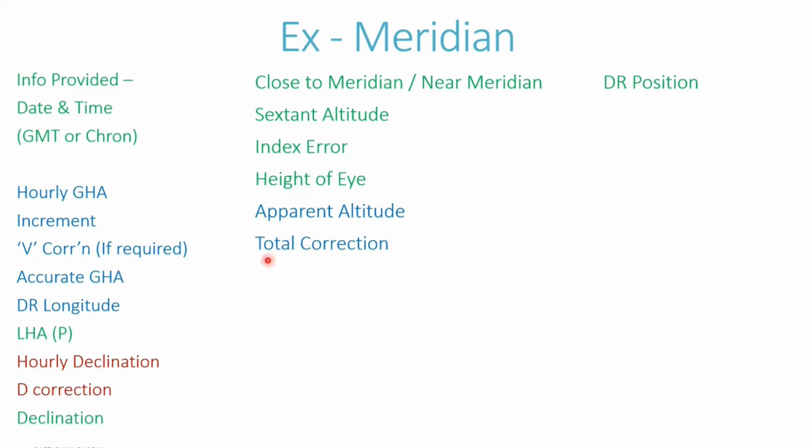Now to this apparent altitude, we apply the total correction, and this gives us the true altitude of the body. Once true altitude is obtained, we can get the true zenith distance of the body, which is 90 minus true altitude. So once you have calculated up to here, you are ready to go into the intercept formula. Let's see the intercept formula.